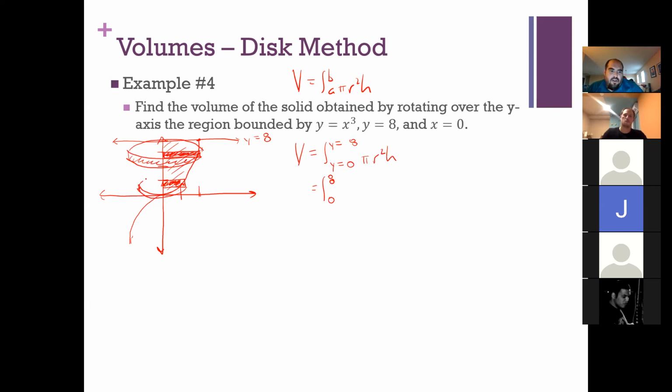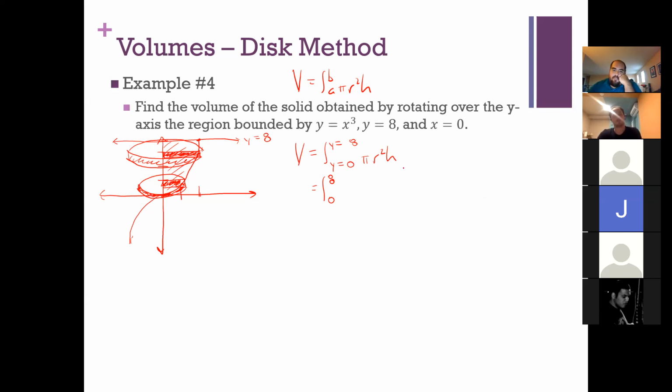But think about the order we usually take when we deal with integrals. We usually go from lesser value to greater value. You absolutely can set this up from 8 to 0. You're going to get a negative number, which you'll just need to take the opposite of, but you should still get the same number.